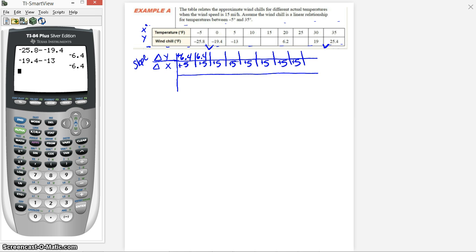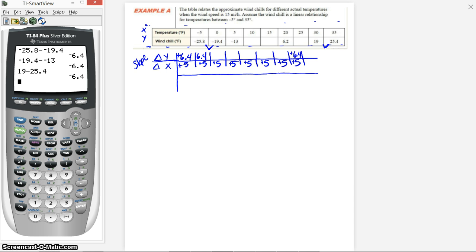And if we get 6.4, we're going to have a pretty good idea that each time it's going to get bigger by 6.4. So 19 minus 25.4. Again, we're subtracting. We get -6.4, but remember, it is getting bigger from 19 to 25.4. It's a bigger number. So that's going to be positive 6.4. So I think each time it's going to be bigger.